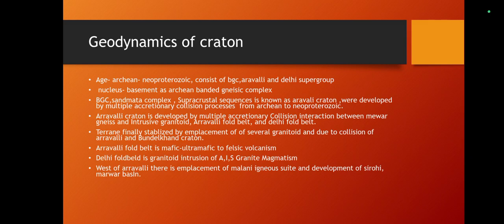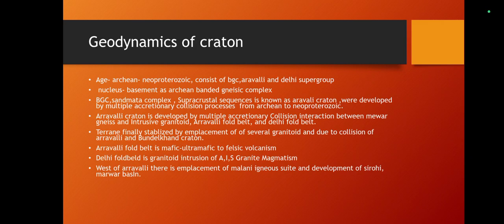As far as the Delhi foldbelt is concerned, it is magmatism related to granitoids, which are of A, I, and S type granite, from A-type granite to more developed granite, that is, I-type igneous and S-type sedimentary granites.